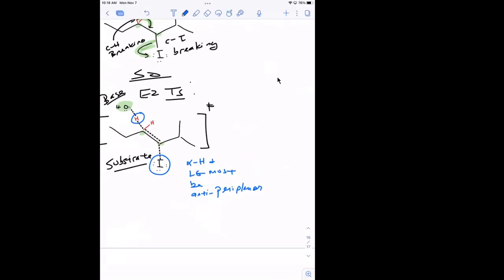All right, and I'm going to show you what that means in terms of what we call a Newman projection too in a second. But that geometry is required. For E2, if your leaving group and your alpha proton can't be anti-periplanar, it won't eliminate.